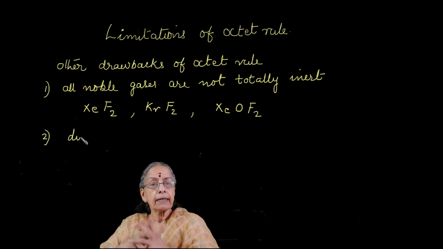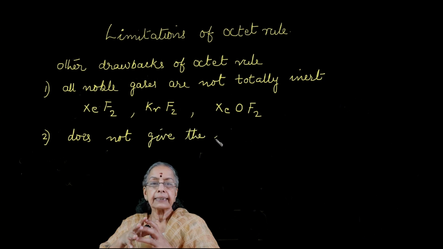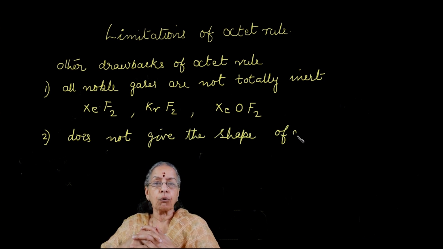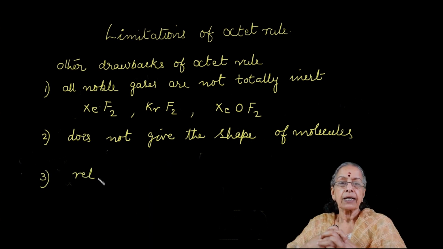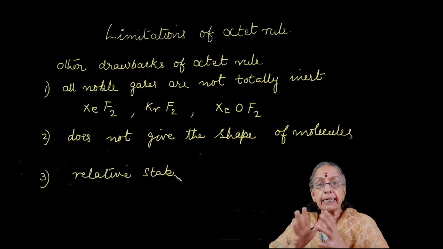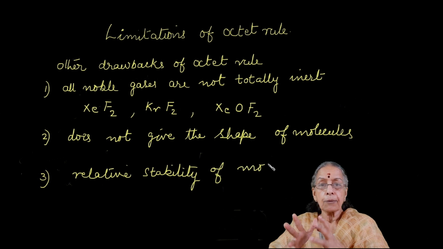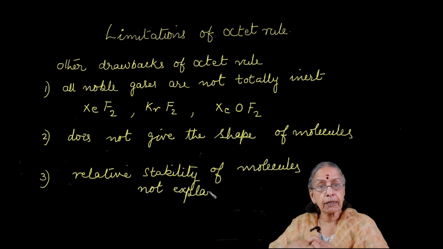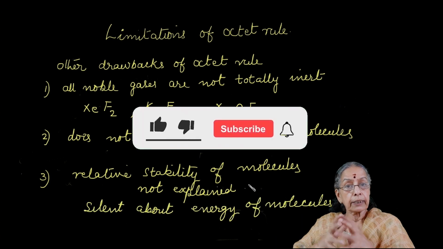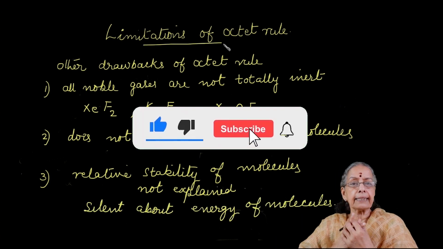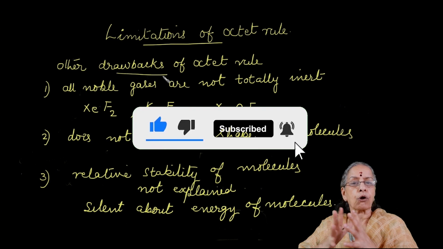Second drawback, octet rule does not give the shape of the molecule. It does not explain the reason for the shape of the molecule. Drawback number 3, it does not explain the relative stability of molecules. It also does not explain the energy of molecules. So in all, we have discussed 3 limitations and 3 drawbacks.